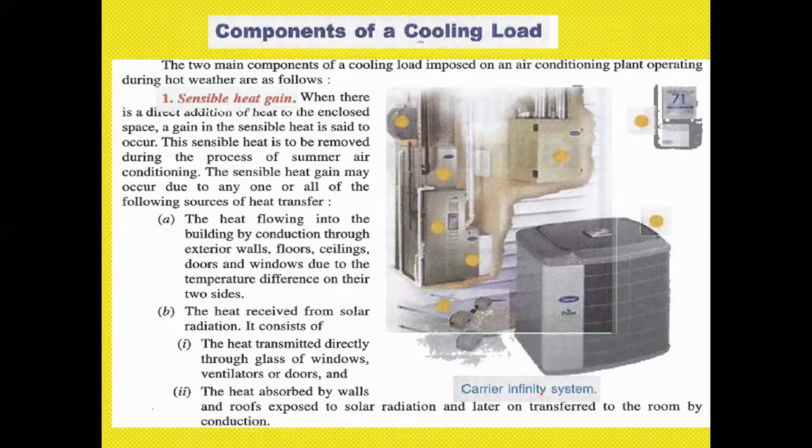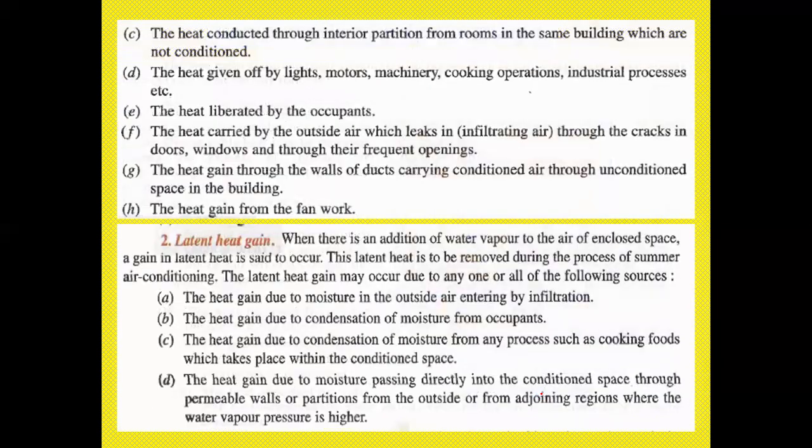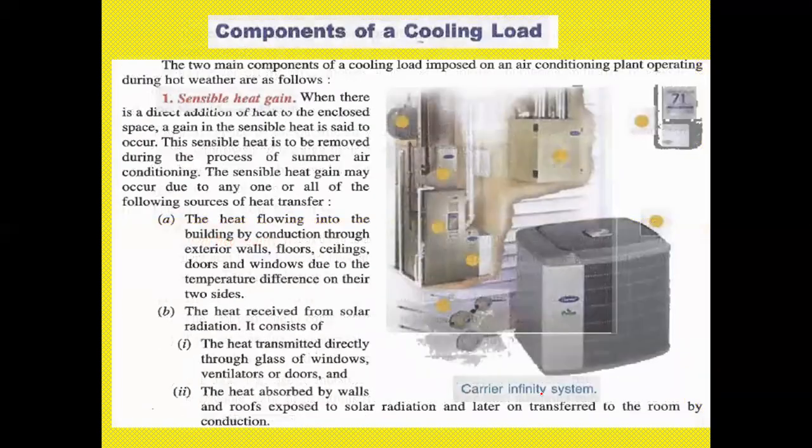So the two main things are, first, sensible heat gain, and second, latent heat gain. So what is sensible heat gain? When there is a direct addition of heat to the enclosed space, a gain in the sensible heat is said to occur.